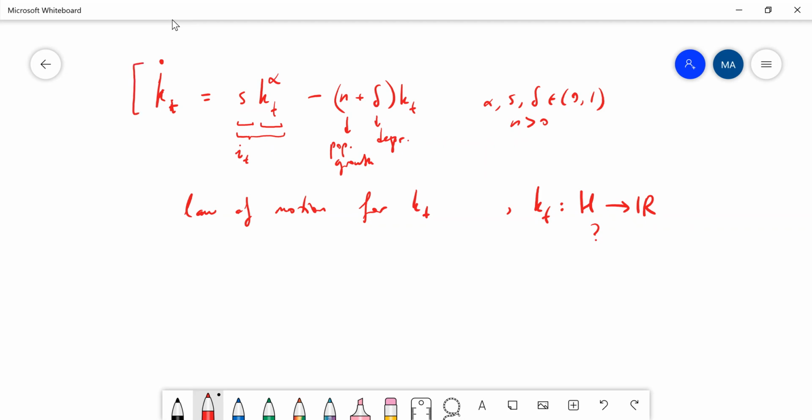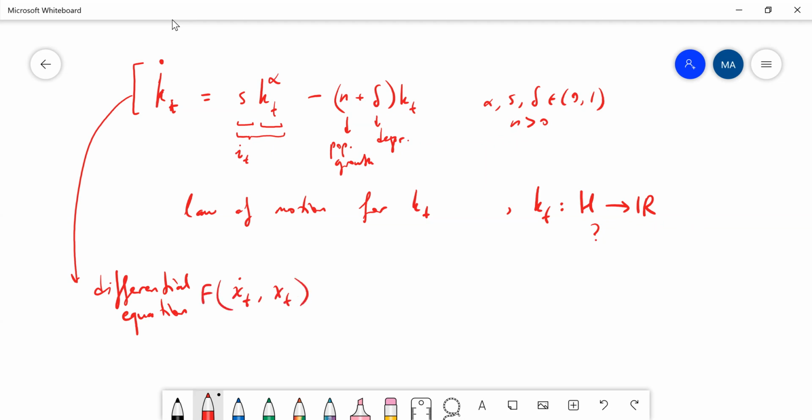First of all, of course, this is a differential equation, right? There's a special name for this. Differential equation. Usually, when you see x dot t and x(t) within the same equation, so if you have something like this, then we are talking about a differential equation.